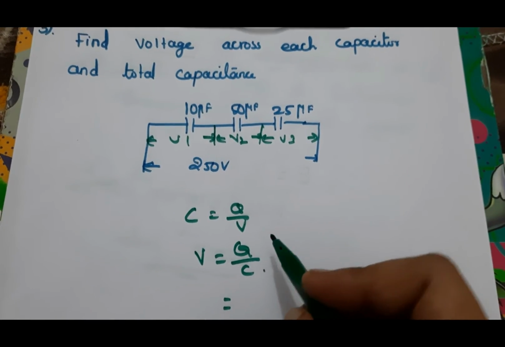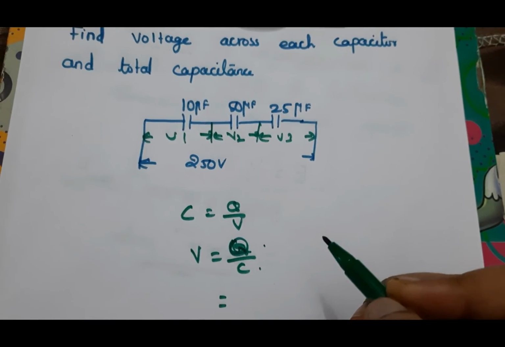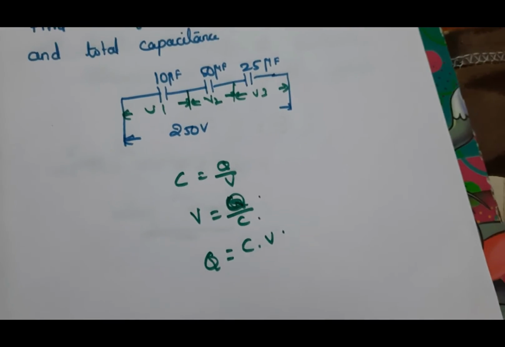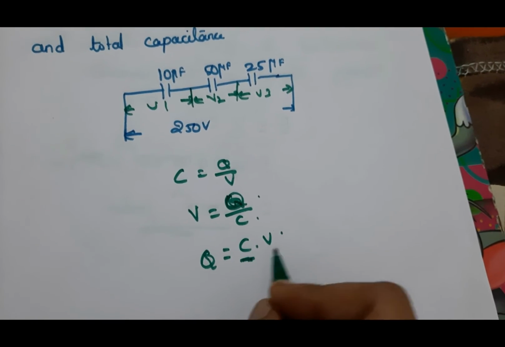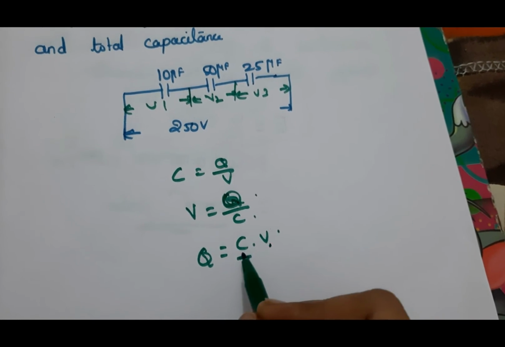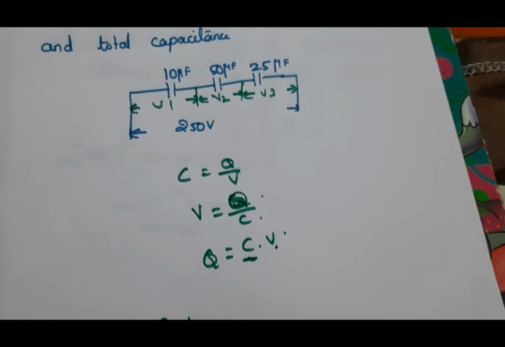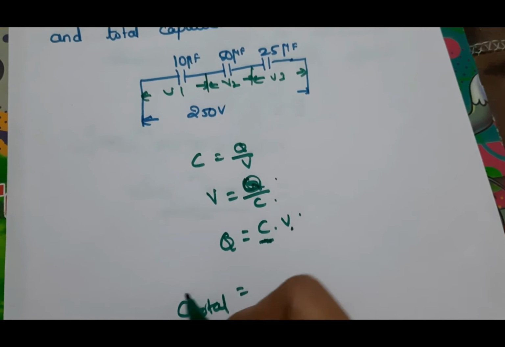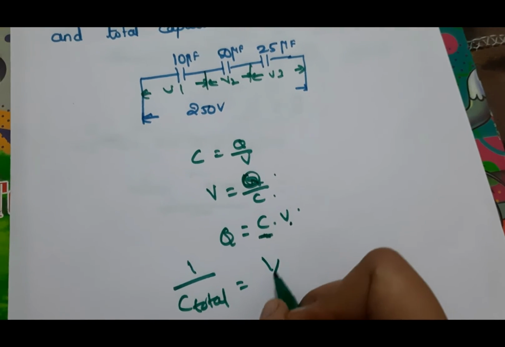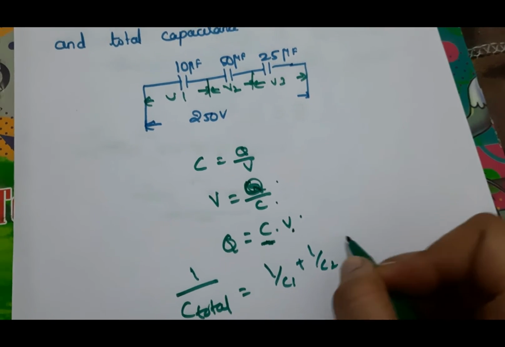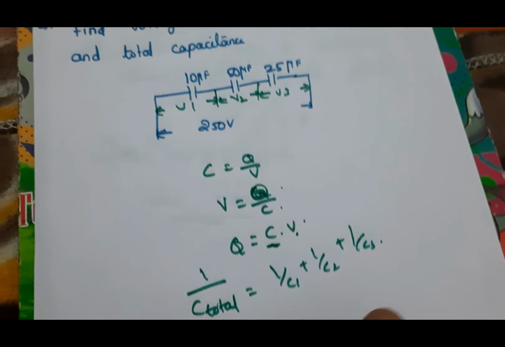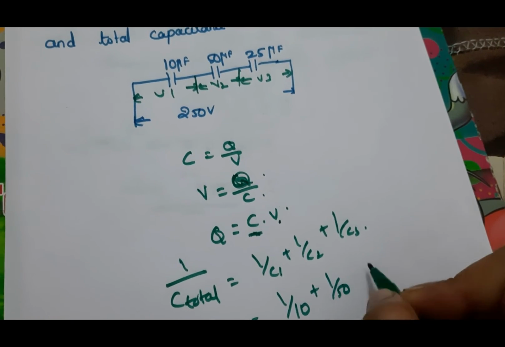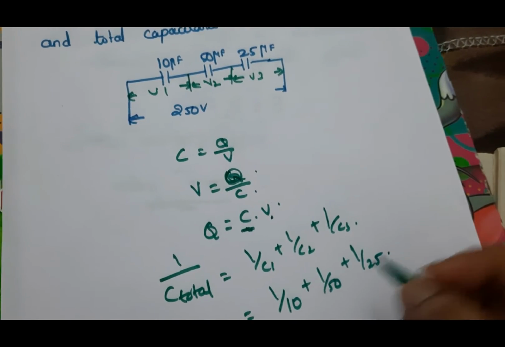Now we have to find the Q value first. For that, Q is equal to C into V, with the total capacitance and the total voltage. For a series connection, 1 by C total is equal to 1 by C1 plus 1 by C2 plus 1 by C3. Here that is 1 by 10 plus 1 by 50 plus 1 by 25.